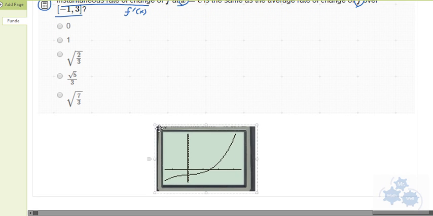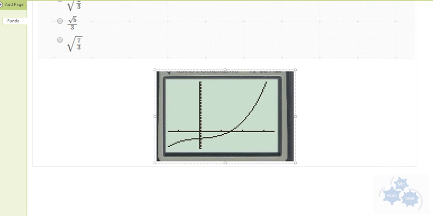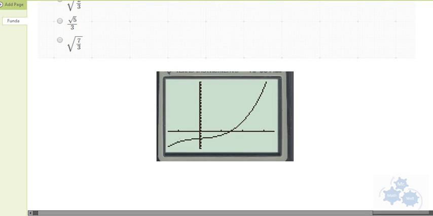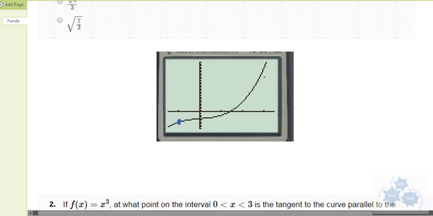So here's my screen, and what we're looking at is here's the equation at -1, right? And it was -1 to 3, and then 3 would be up here somewhere. Okay? So we're looking at this average rate of change for the function.